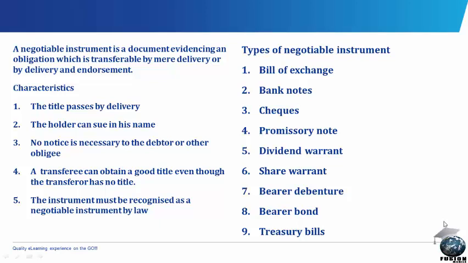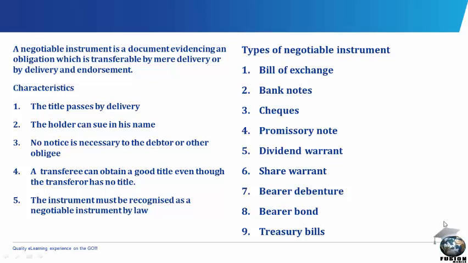The title passes by delivery. 3. No notice is necessary to the debtor or other obligee. 4. A transferee can obtain a good title even though the transferor has no title. 5. The instrument must be recognized as a negotiable instrument by law.